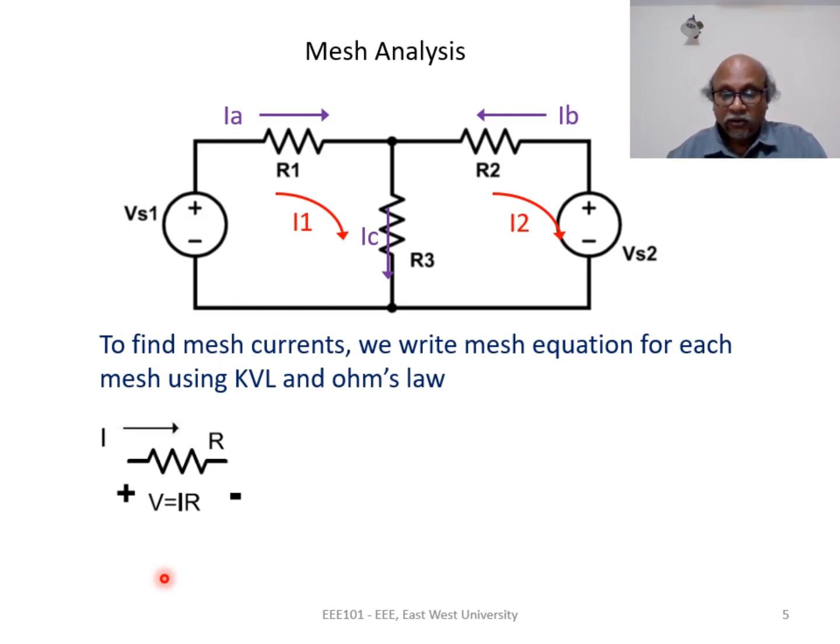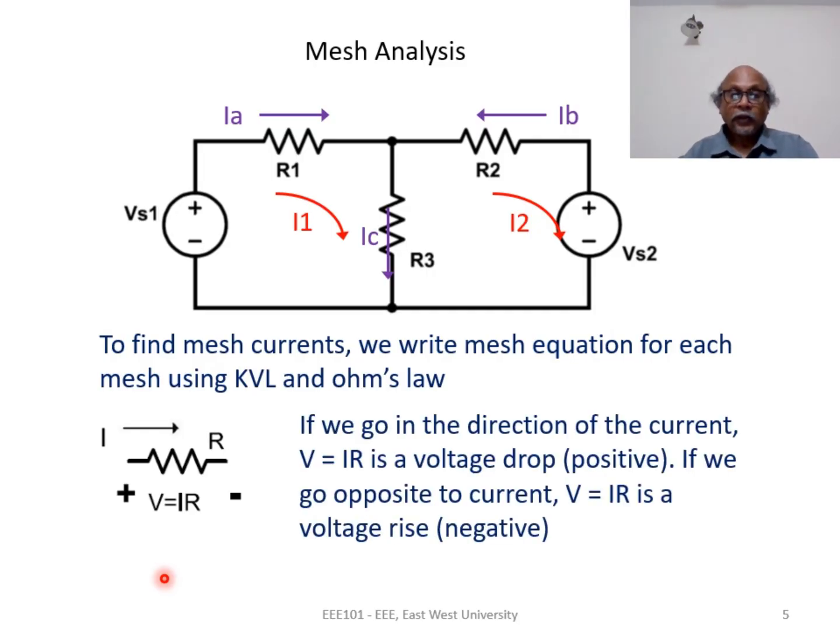So this is how we consider the voltage drop across resistance using Ohm's law. If we summarize again, if we go in the direction of the current, V equal to IR is a voltage drop, which is positive according to our convention. And if we go in the direction opposite to the current, V equal to IR is a voltage rise, which is negative in our convention.